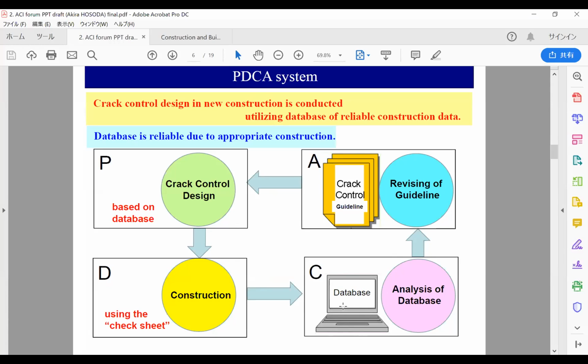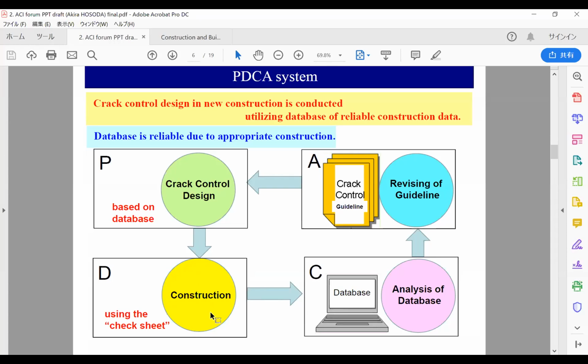Again, the construction quality should be good. Otherwise, the data becomes garbage. Can you understand? Of course, cracking is also affected by quality of concrete construction. So we have to eliminate the effect of poor quality construction.